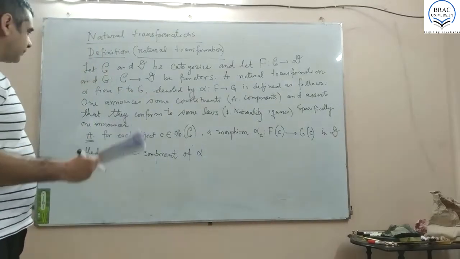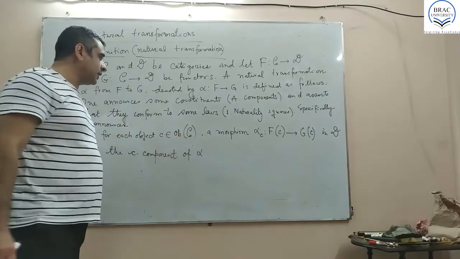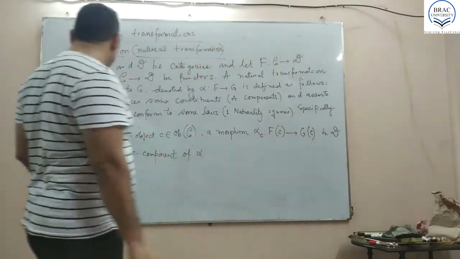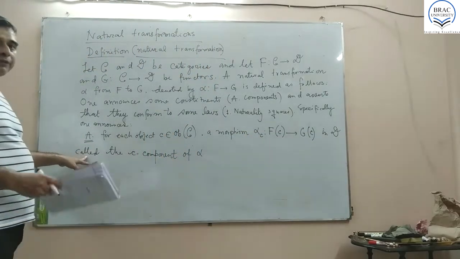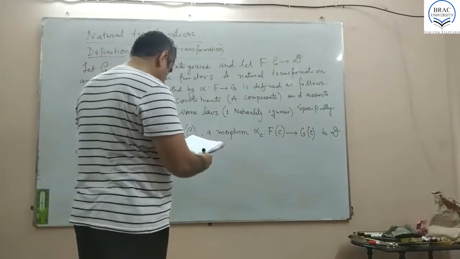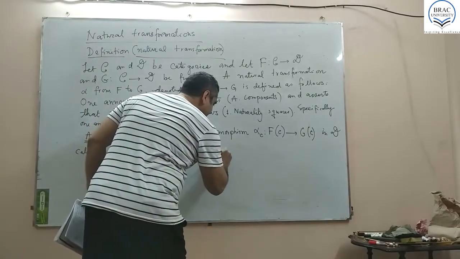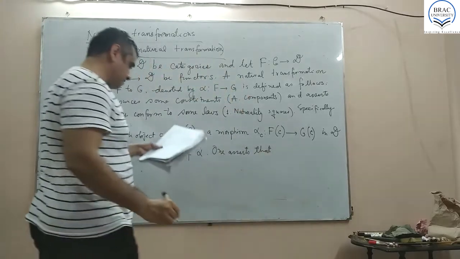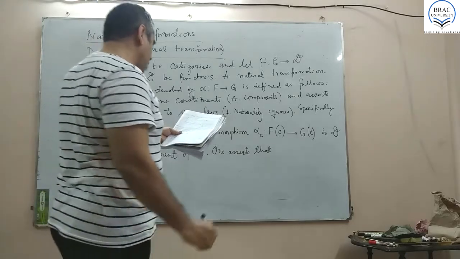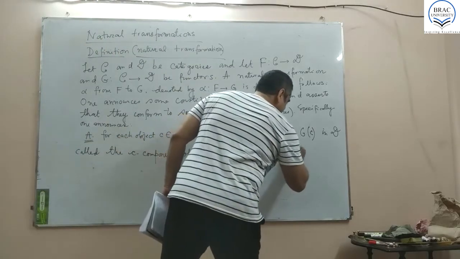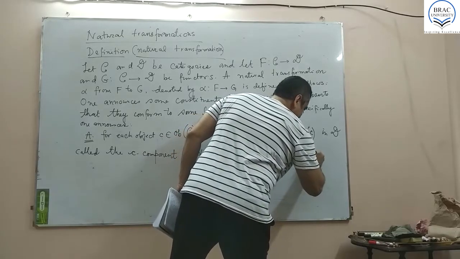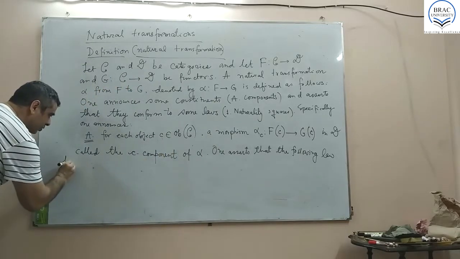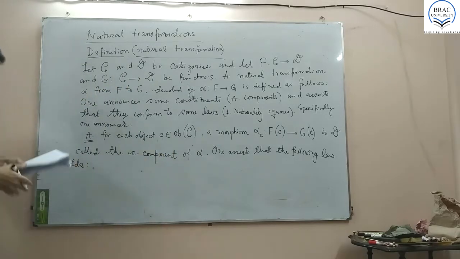So for each object C in the category C, a morphism in D is given like that, which is called the C component of alpha. One asserts that the following law holds.